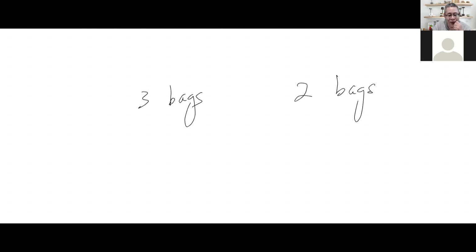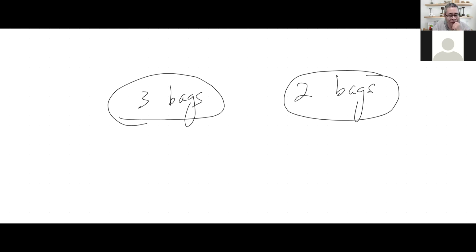Together, how many bags do you have? 5 bags, right? We don't know how many candies are in each bag, but in this case it really doesn't matter, because we're just interested in bags. How many bags, right?